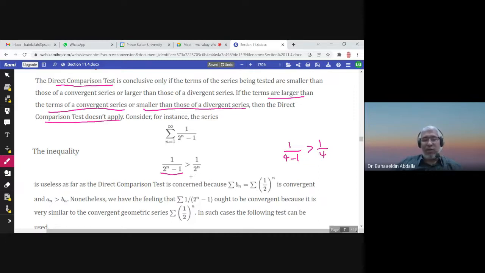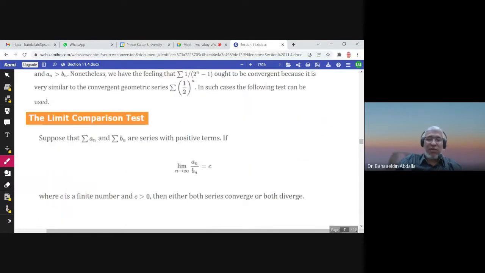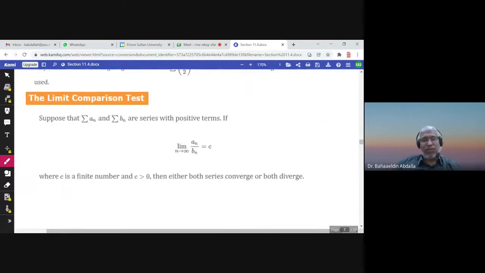Doesn't help. I cannot use the direct comparison test because it says less than convergent, not greater than convergent. So what to do? I know that I can compare this series with 1 over 2 to the power n, but how to prove that this series is convergent? So here comes the limit comparison test.